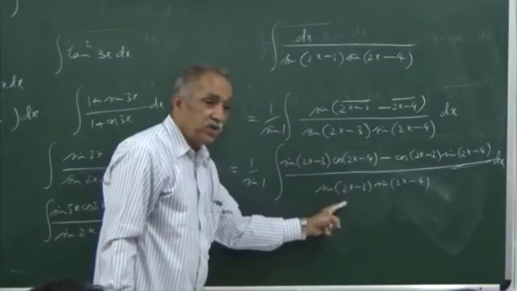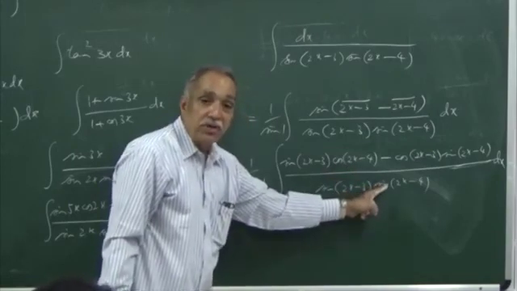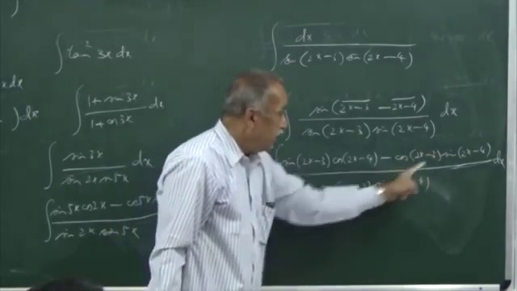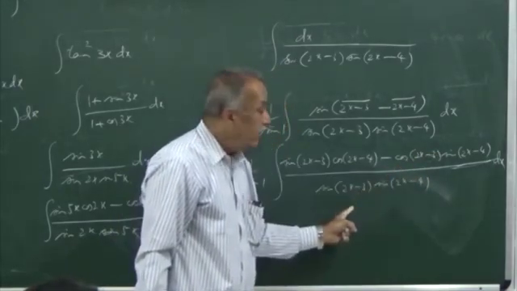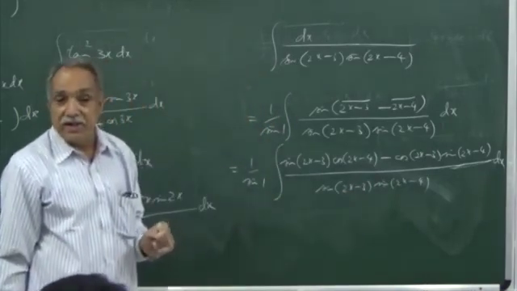Sin 2x minus 3 cancels, leaving cot 2x minus 4, directly integrable. In this case, sin 2x minus 4 gets cancelled, leaving cot 2x minus 3, again a directly integrable function.